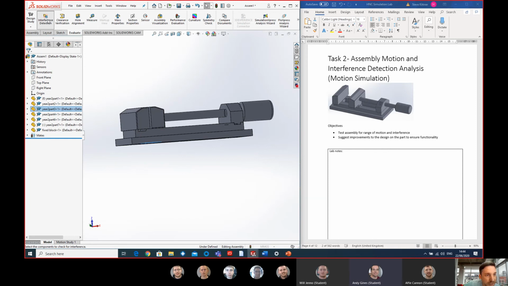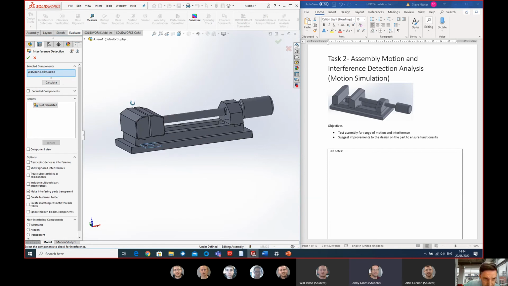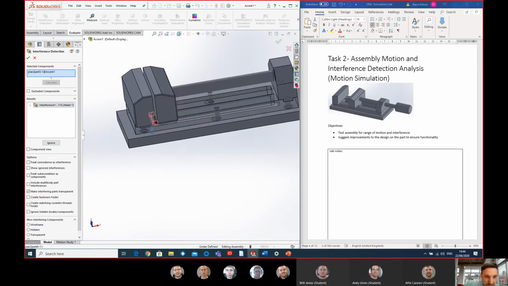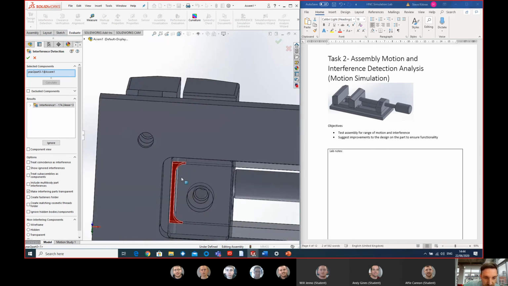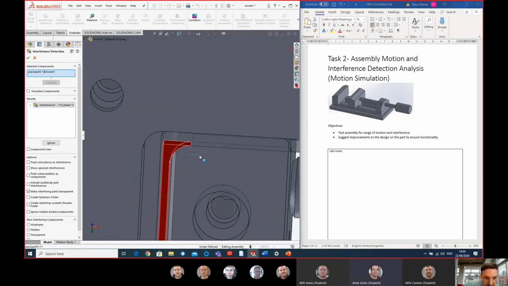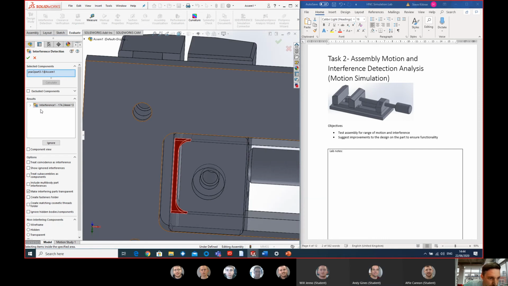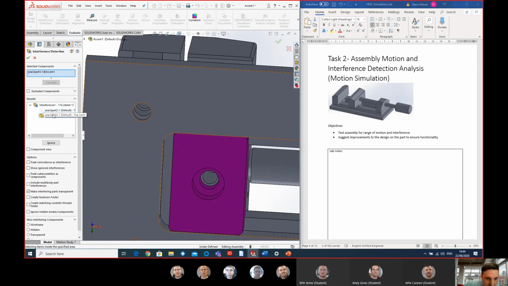So I'm just going to click this button. It's selected the whole assembly, and I'm going to hit calculate. And that little ping tells me that it's already calculating that inside here, in that red zone, there's an interference somewhere. Okay.